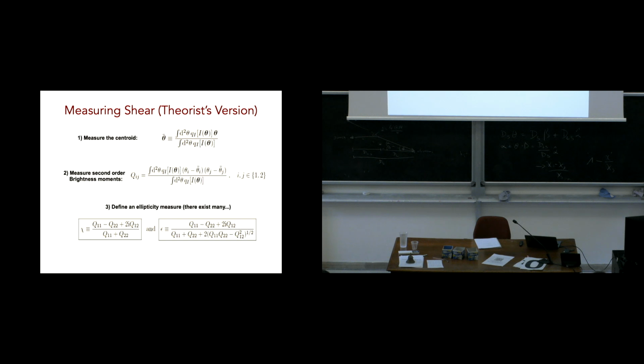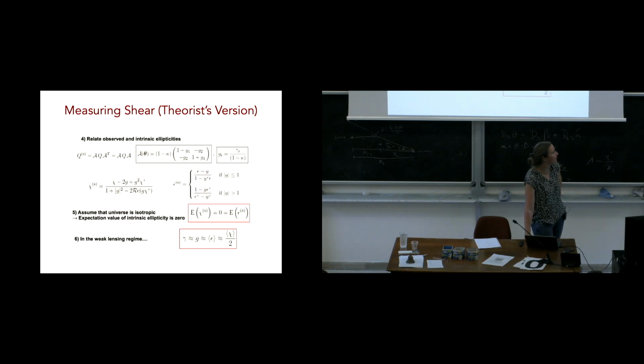And then once we've constructed our second order brightness moments, we can define an ellipticity measure. And that's really a choice of definition. A few different conventions exist in the literature, and that's fine. Now that we've defined an ellipticity in some way, we can think about how the observed and intrinsic ellipticities are related under lensing in these different definitions.